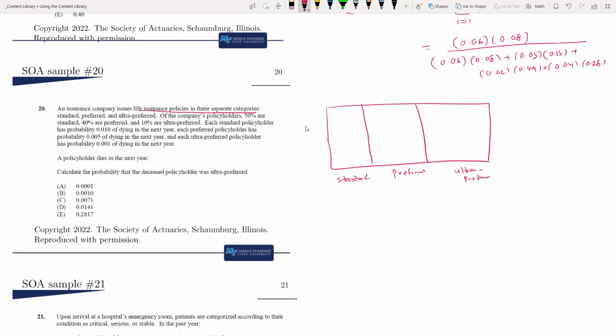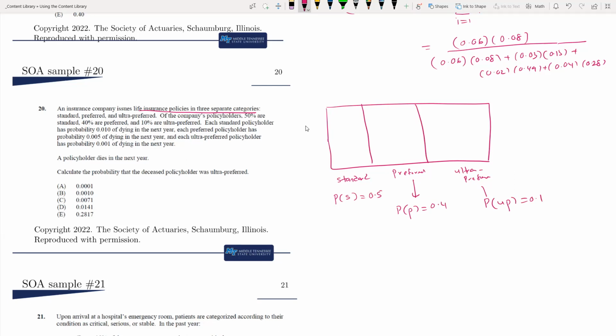Of the company's policyholders, 50% are standard. So the probability of being standard is 50%, the probability of being preferred is 40%, and the probability of being ultra preferred is 10%.